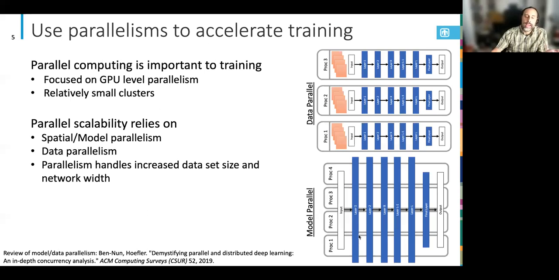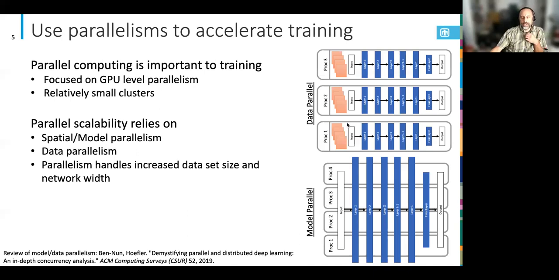And you have to then do a halo exchange to communicate between them. This works very well in the context of convolutional neural networks, where that exchange is local, and it looks exactly like the parallelism you might see in a spatial decomposition of a partial differential equation. So this is the other approach.